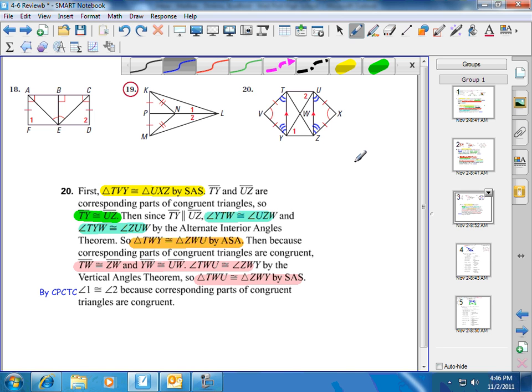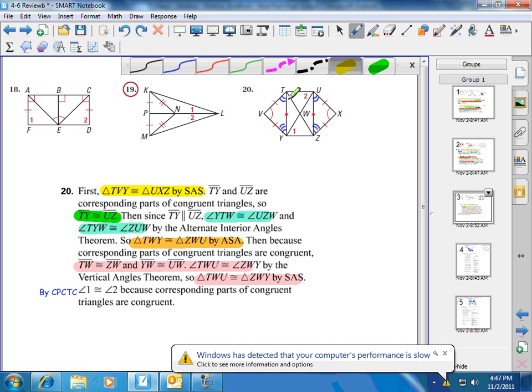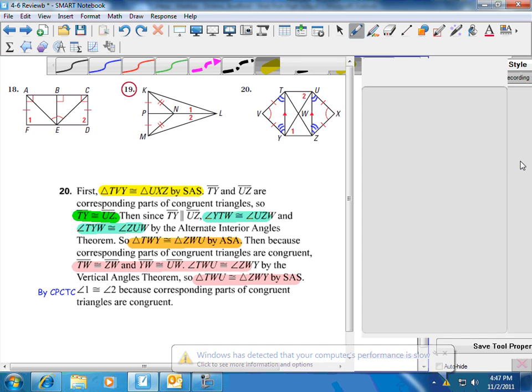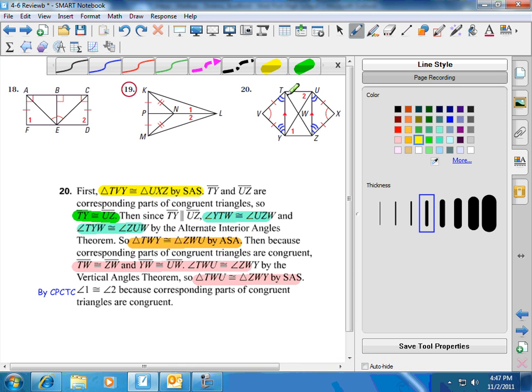Okay. Now, again, we're working towards triangle TWU and ZYW, these two triangles. Notice here that we've got some parallels, so that means we can maybe say something about alternate interior angles. So when we look at alternate interior angles, I'm going to mark this differently, we know that this angle here is congruent to this angle here by alternate interior angles.